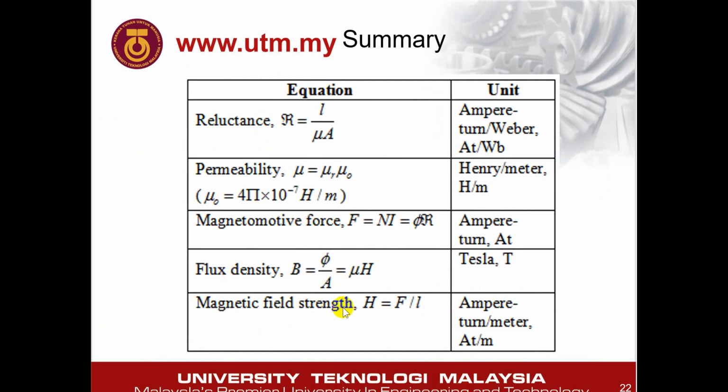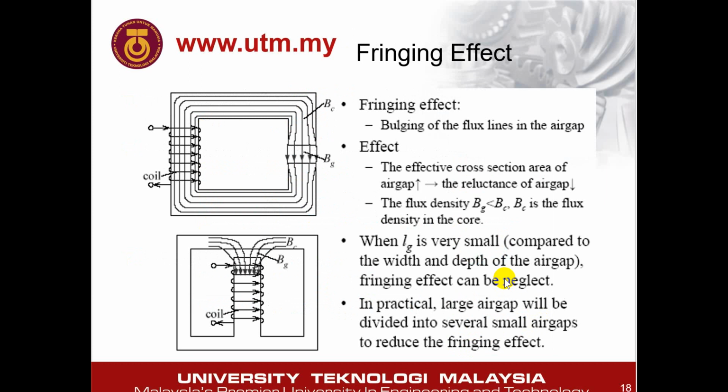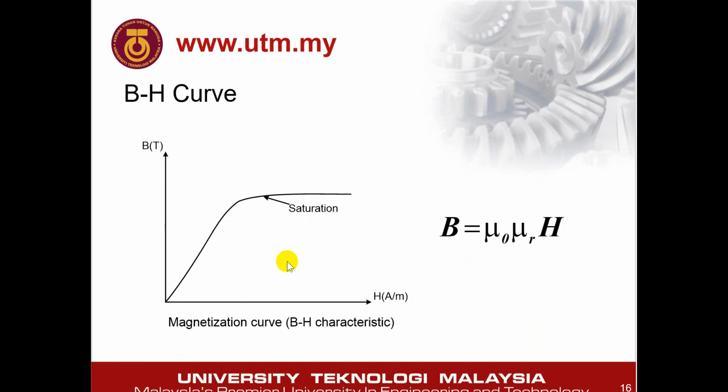Magnetic field strength H has the unit ampere turn per meter, or AT per m. This plot is important because we want to know the characteristic of the material used for the magnetic circuit.